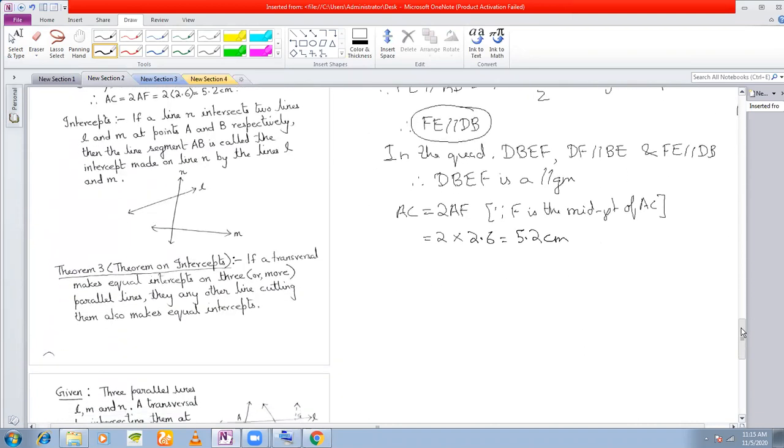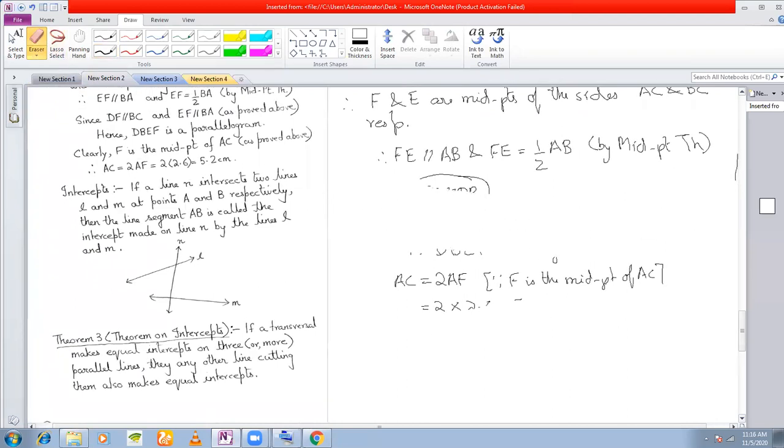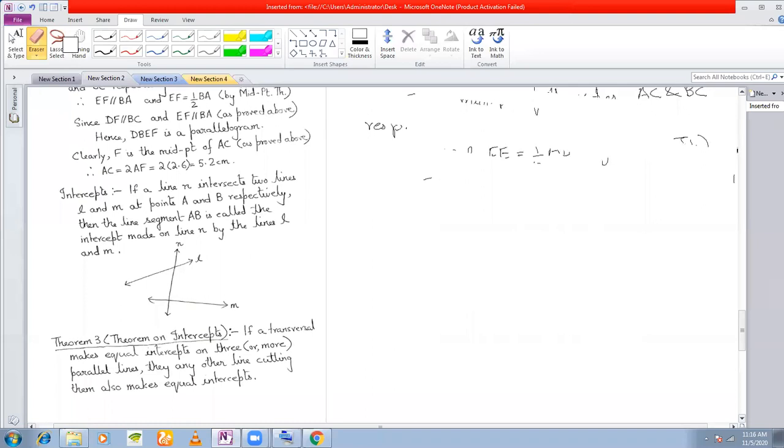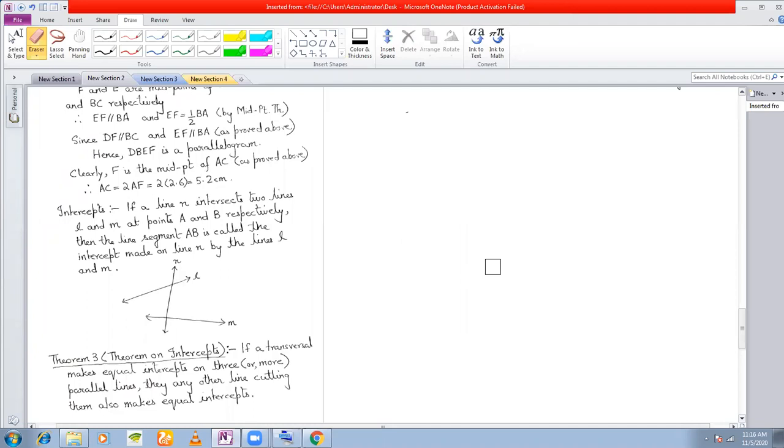And the last, theorem on intercepts. It's a fairly easy theorem. First let us define what intercept means. If you have two parallel lines, as I have drawn here, and a transversal, then this length between these two lines, the lines may not be parallel, is called the intercept.